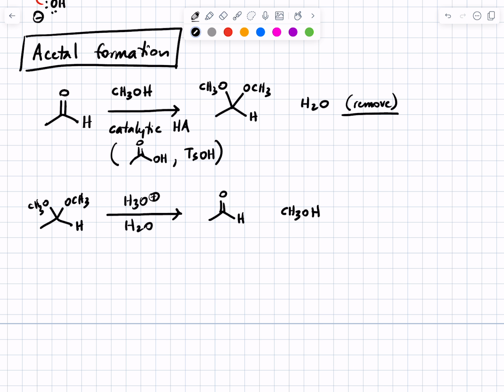Now, how do we get to that acetal? We want to replace this OH group with another methoxy group. To do that, we're going to want this OH group to leave, but it can't yet because it's not a good leaving group. So we will use our acid catalyst to protonate the OH group, thereby turning it into a good leaving group.